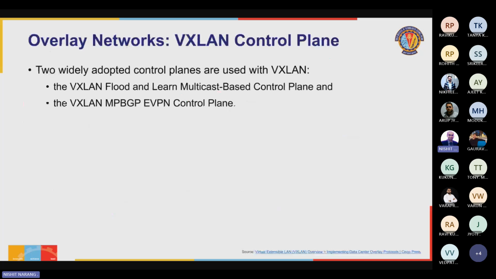Once that is done, when there is a source VTEP which has traffic for a destination VM belonging to VNID 5000, the source VTEP just has to flood this traffic on the IP multicast group for VNID 5000.